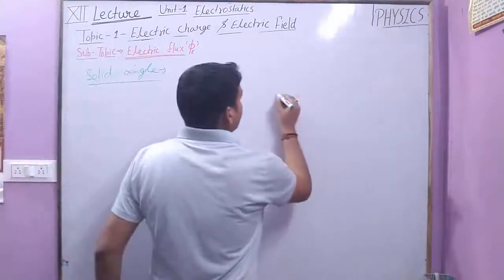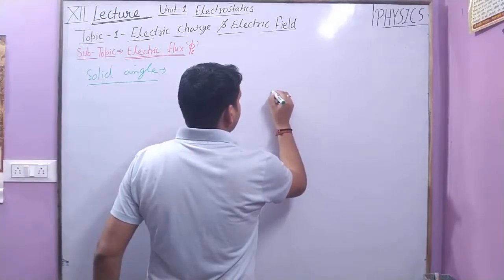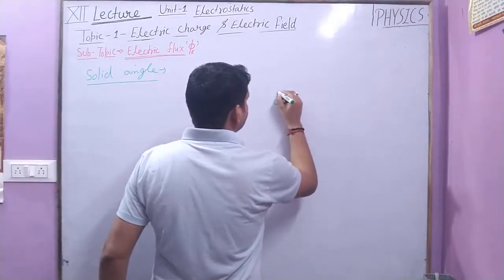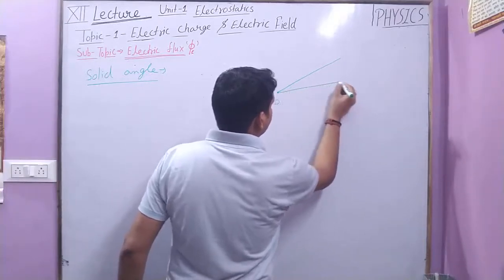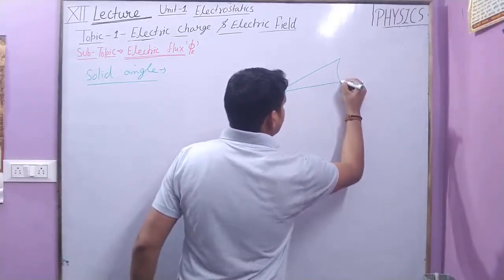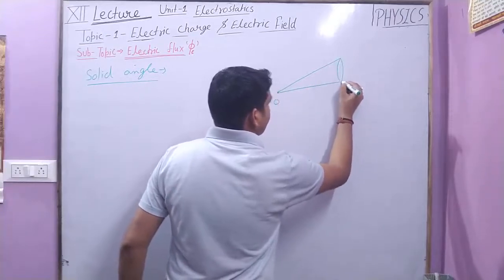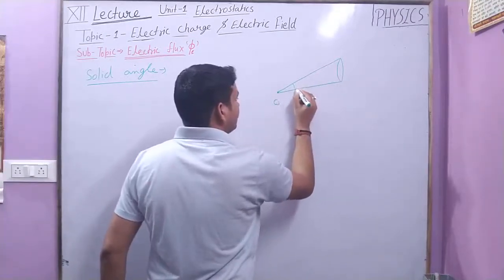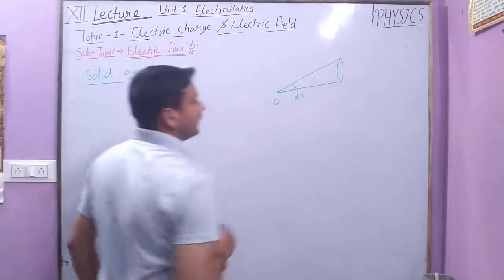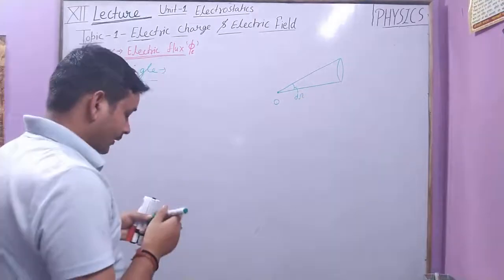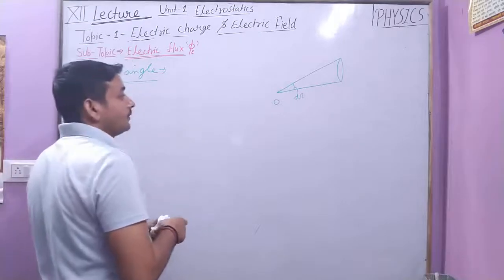Okay, see, suppose we have a point O and there is a solid surface having an angle. This angle is called a solid angle and denoted by d omega.